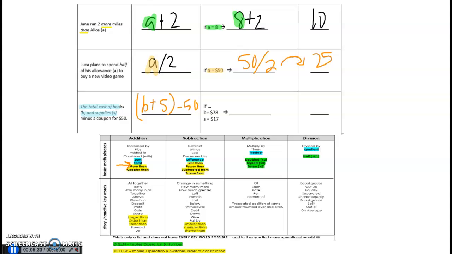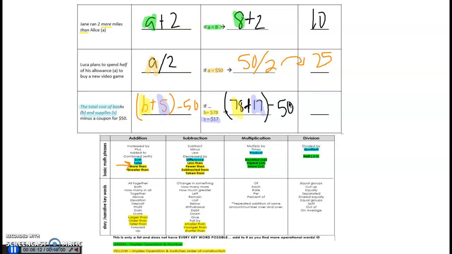If you look, it tells you information for both. It tells you your books are $78, and it also tells you your supplies are going to cost you $17. So you're going to add those two figures together, 78 plus 17. I'm replacing those variables. B is my 78, and my supplies is 17, and we know that it is the total, so I would be adding those in parentheses, because total means I need to do that first before I subtract my coupon.